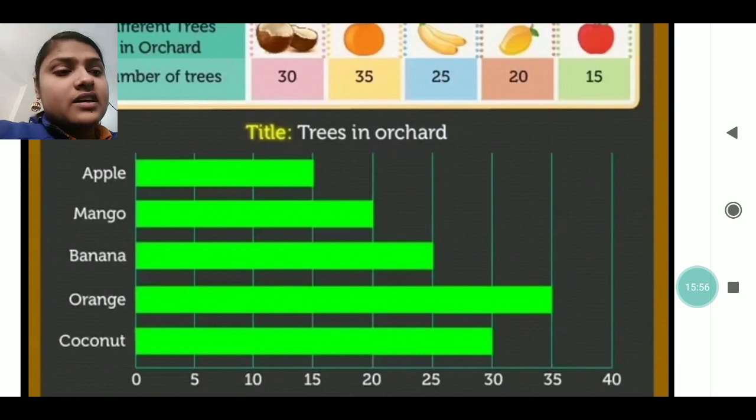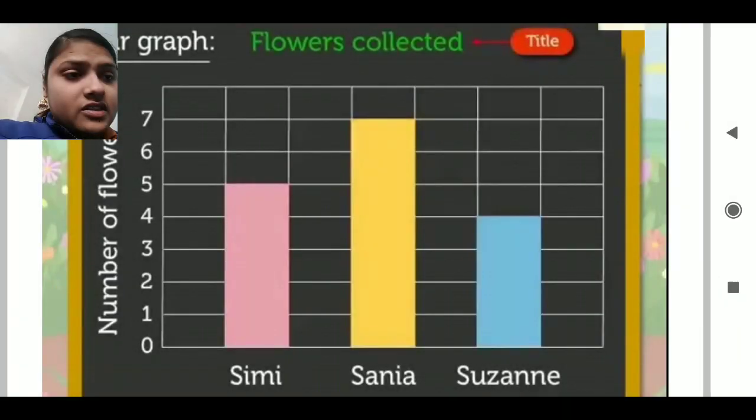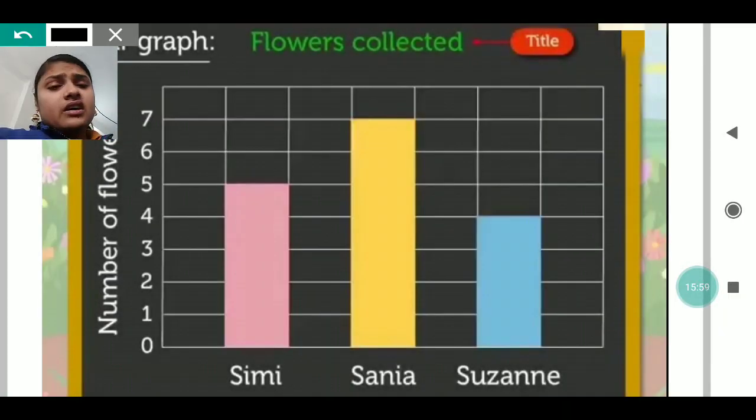Some more examples are there also. See, there were three girls, Simi, Sanya and Suzanne. These three girls have made a chart, and they have plucked some flowers, and how many flowers they have collected, we have to show with the help of a bar.